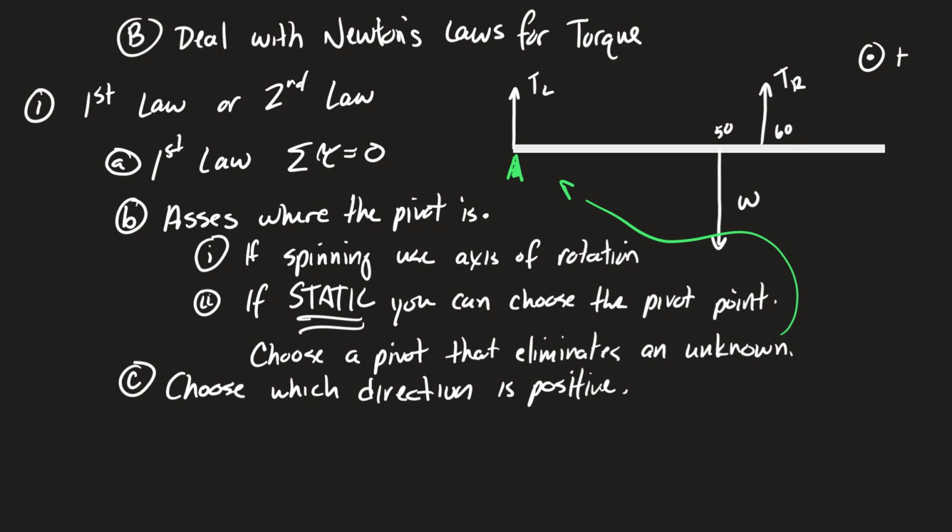So you don't have to use the whole fancy right-hand rule if you don't want to. You just need to pick that things that rotate one direction are positive and things that rotate the other direction are negative. Now, nothing's rotating, but this force is trying to cause a rotation in one direction, and this force is trying to cause a rotation in the other direction. So when we talk about torque, we're talking about what would happen if that was the only thing acting on the object.